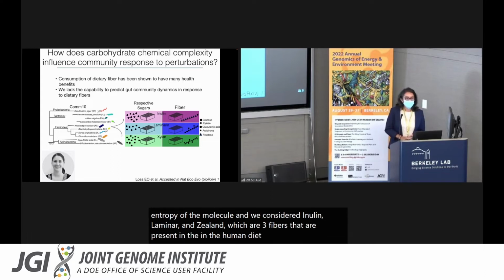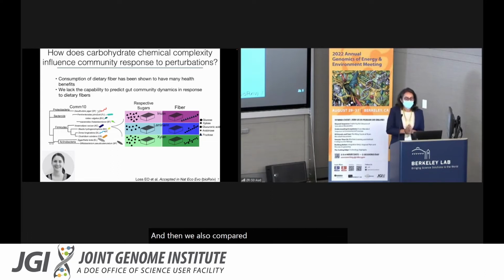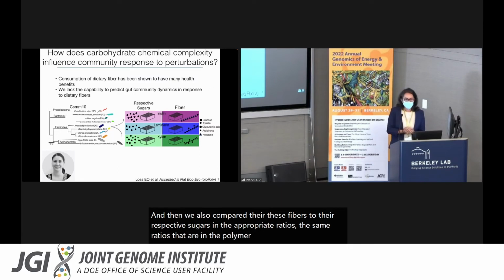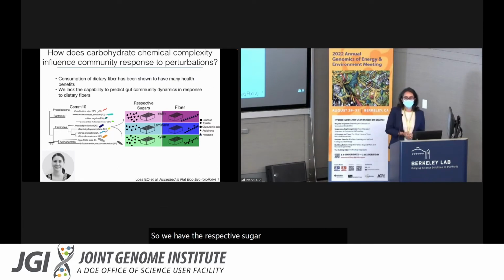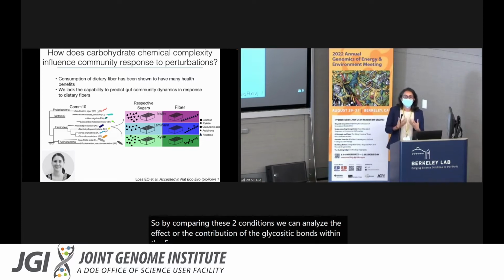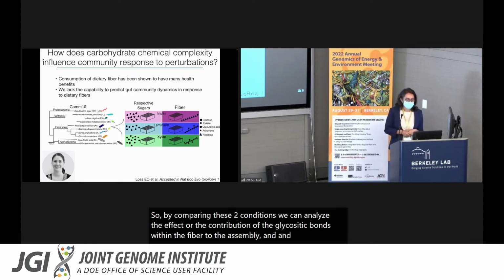And then we also compared these fibers to their respective sugars in the appropriate ratios, the same ratios that are in the polymer. So we have the respective sugars and compare directly to the polymer itself. By comparing these two conditions, we can analyze the contribution of the glycosidic bonds within the fiber to the assembly and stability of the community.